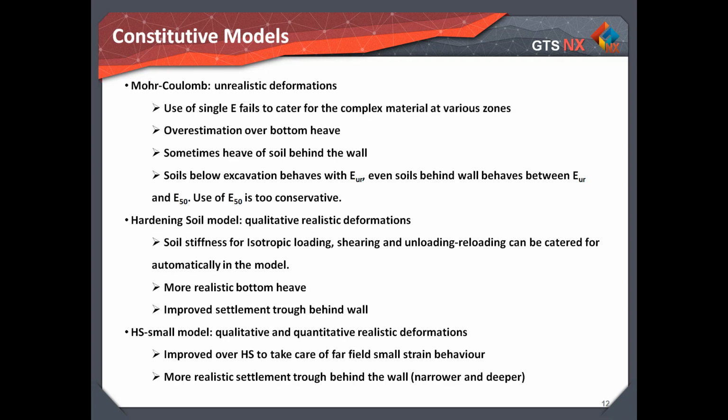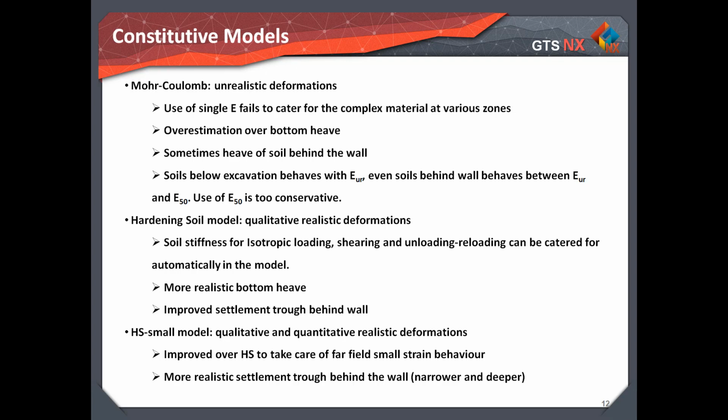The hardening soil model gives qualitatively realistic deformation. Soil stiffness for isotropic loading, shearing, and unloading-reloading can be catered for automatically in the model. More realistic bottom heave, and improved settlement behind the wall.